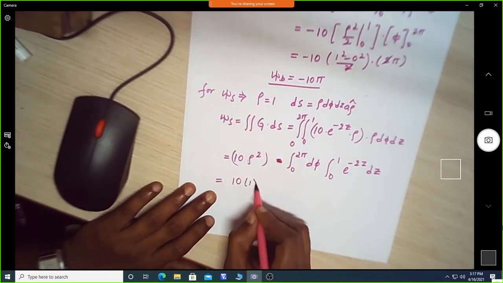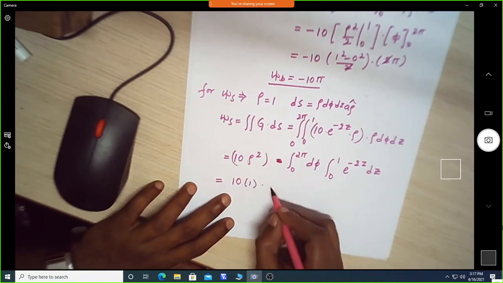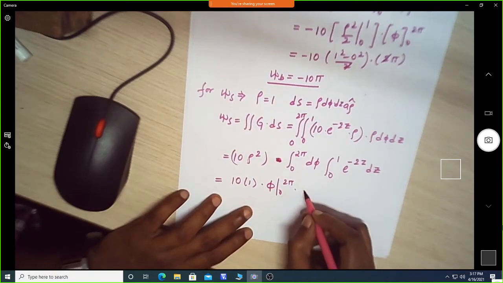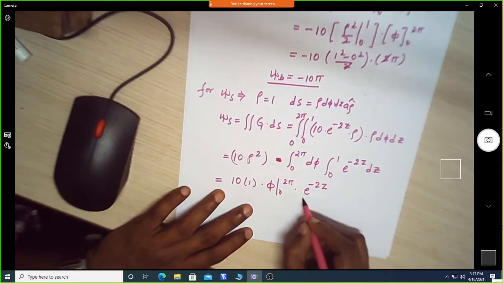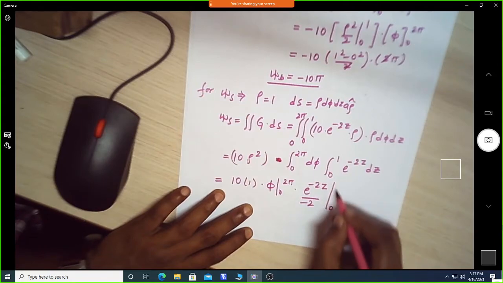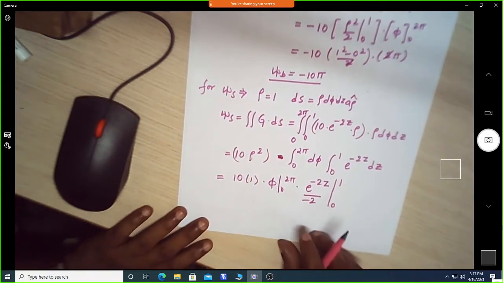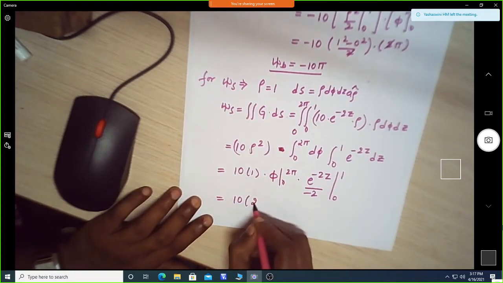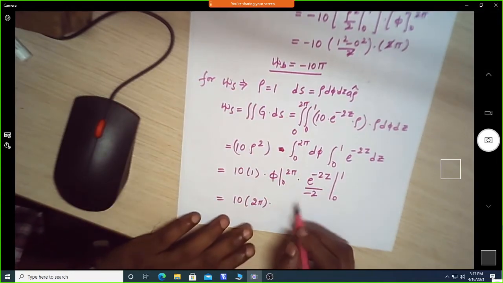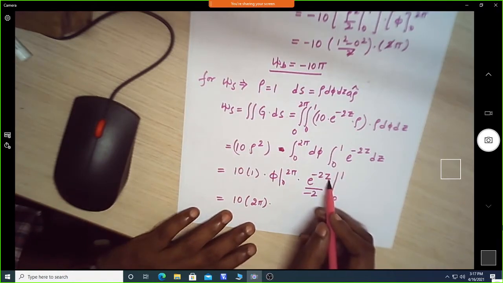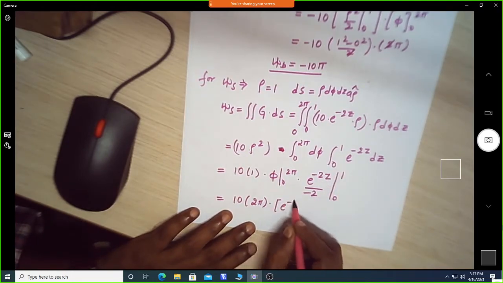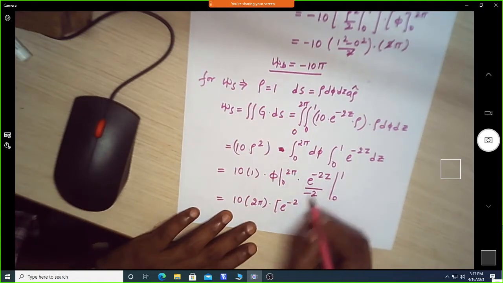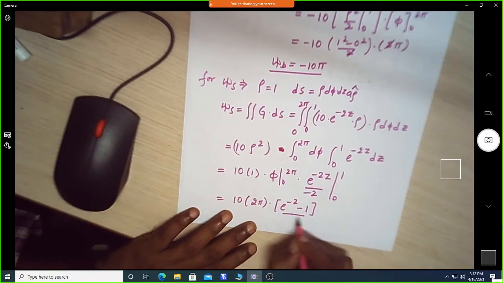So 10 into 1 into, if you integrate d phi it will give phi, which is 0 to 2 pi, and if you integrate this one, e power minus 2z divided by minus 2, with the variation from 0 to 1. Now this will give 10 into 2 pi into, if I substitute z equal to 1, this becomes e power minus 2, and if I put z equal to 0, e power 0, which is 1, so minus 1, all divided by minus 2.